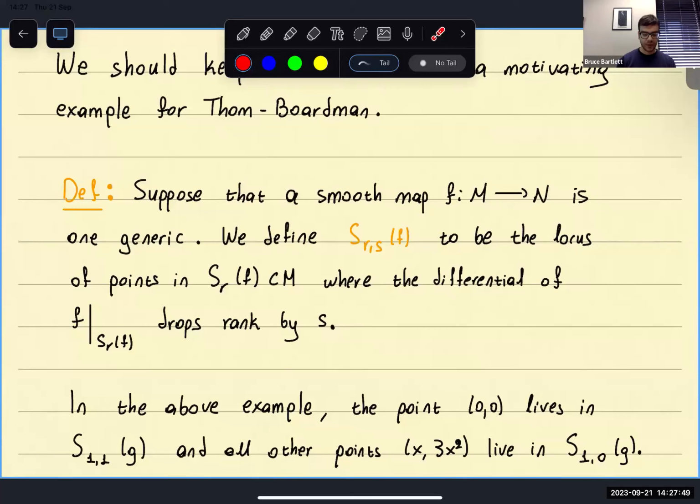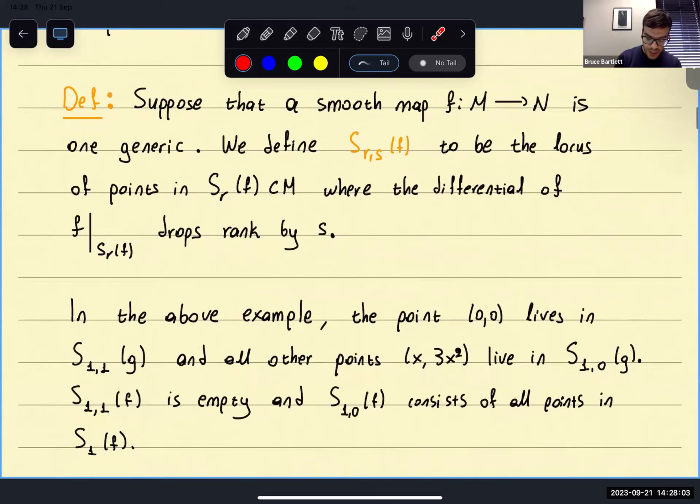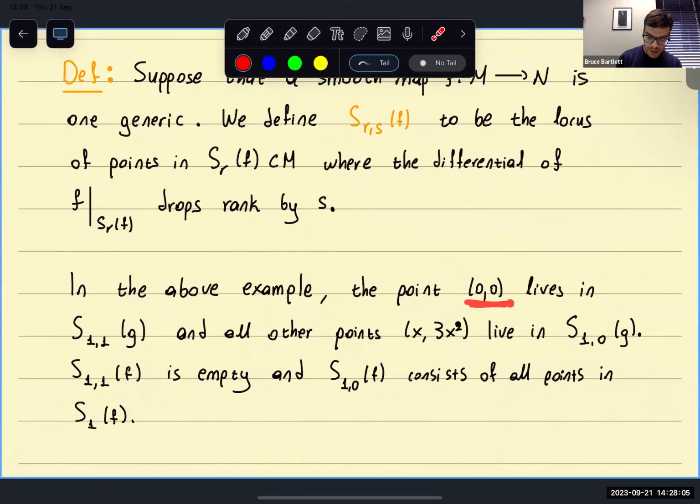So in the above example, just to see how this definition maps, if you look at the right-hand side function, which had the cusp, the point (0,0) lives in S_{1,1} of G, right?